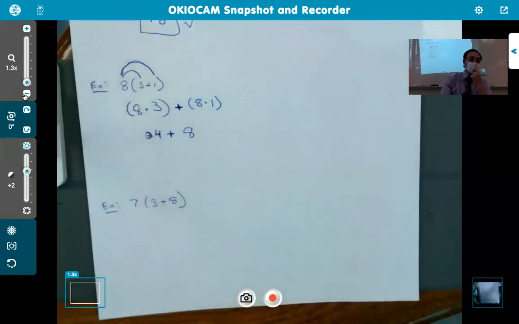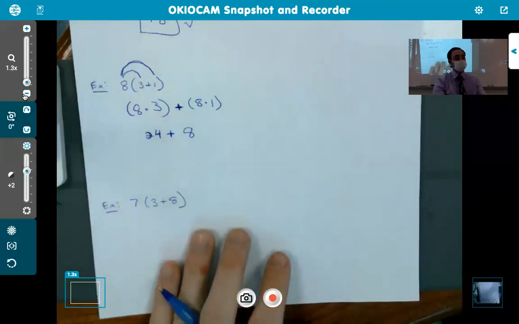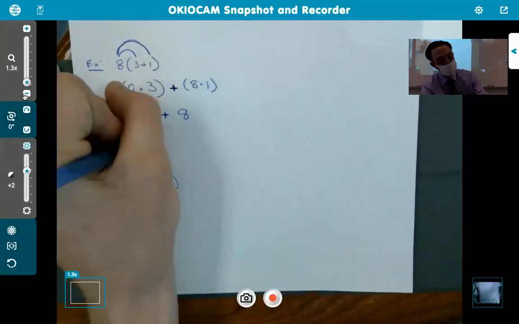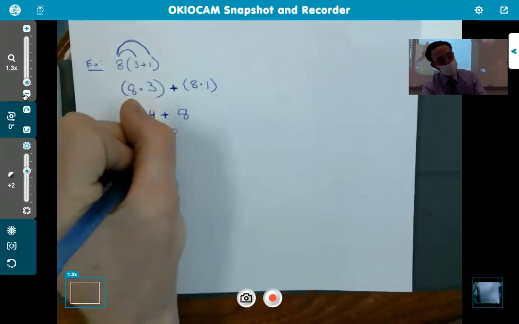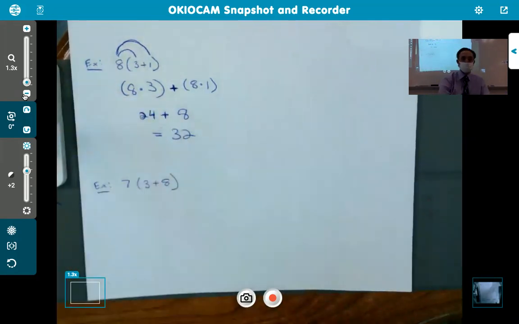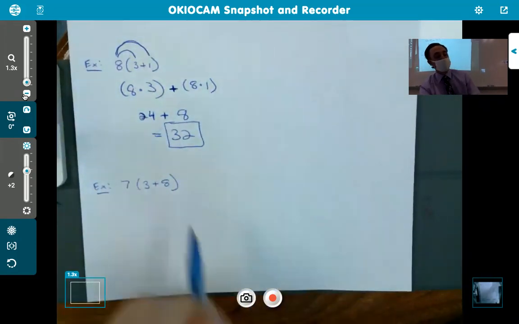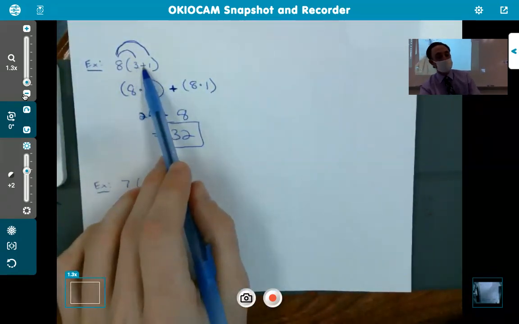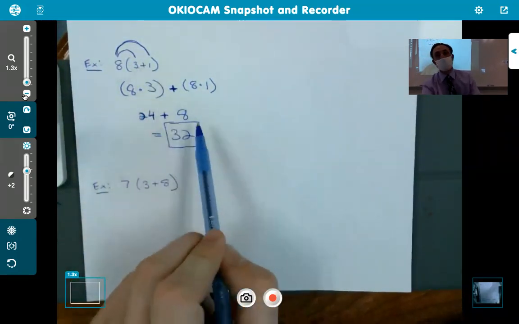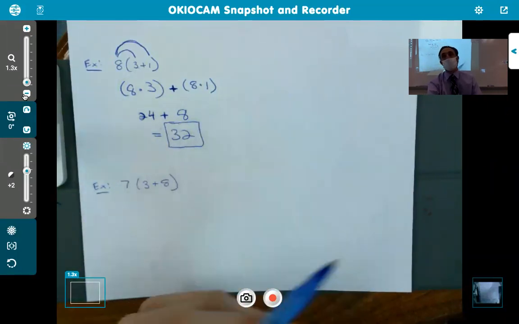Anything times 1 is just itself. And then to finish this problem, I go through and simplify. Well, what's 24 plus 8? 32. So then this would be my final answer. Again, if you were to do what's inside the parentheses, you'd have 8 times 4, which is also 32. Just another way for you to check.